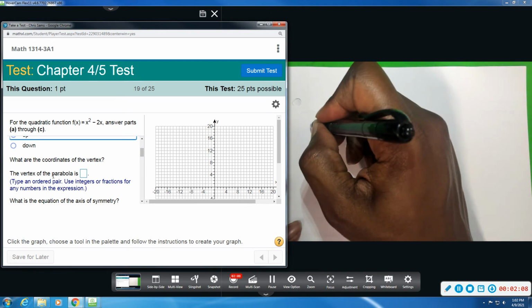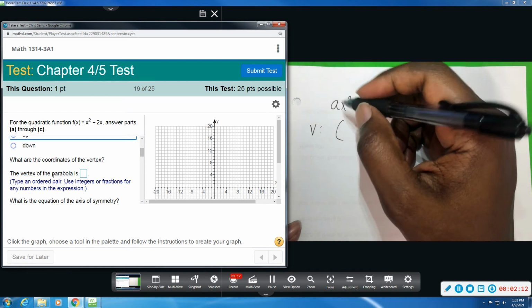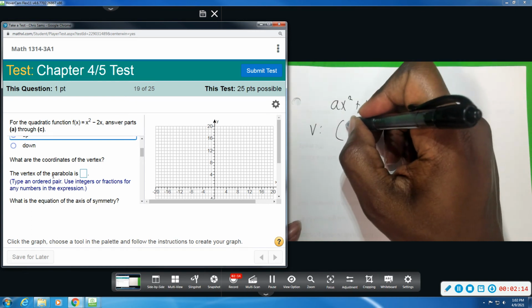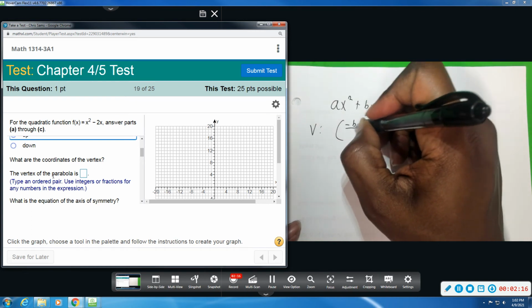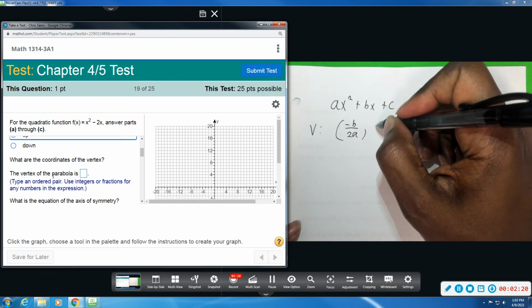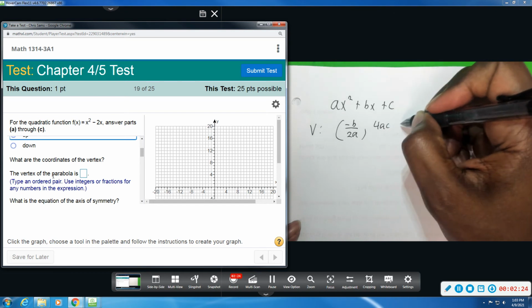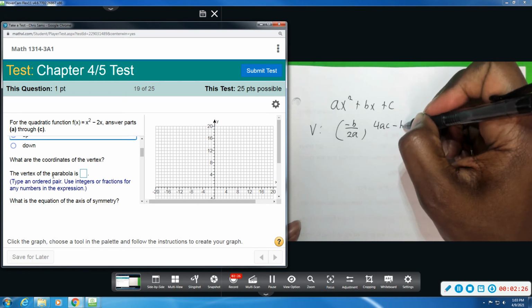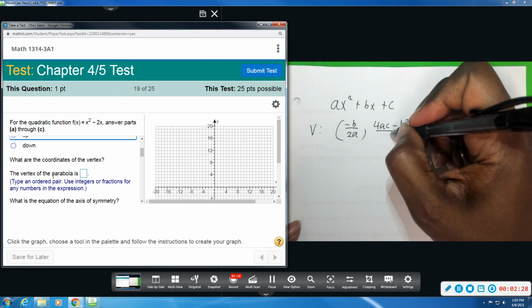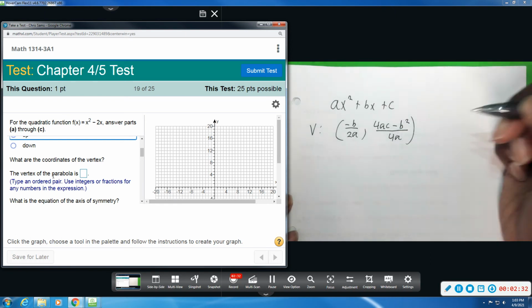So the way you find the vertex, you can do negative b over 2a, and then the y-coordinate would be 4ac minus b squared all over 4a. So you got to remember those. You should have those written down somewhere.